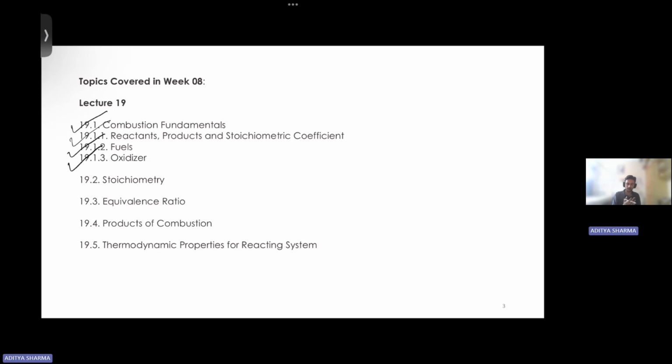Oxygen in that case acts as an oxidizer, which eventually leads to combustion of the fuel. But in reality, when we have to combust a particular fuel, we don't give oxygen in its pure form, but we give air for combustion.